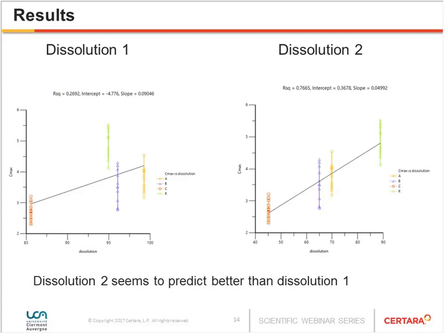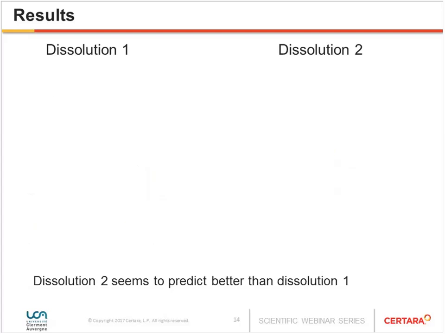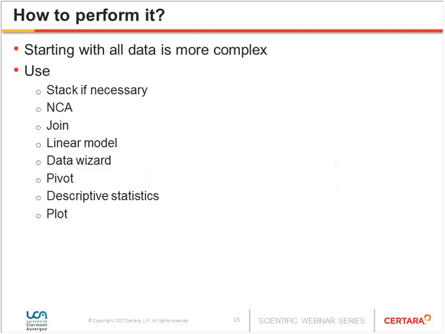Now we have to see how we can achieve both types of graph. So how to perform it? You can start with all data. It's more complex, and it's exactly what we are going to do now, only to show you. You are going to use everything to organize your raw data of plasma concentration and dissolution. For example, you are going to use stacker and unstack if necessary.